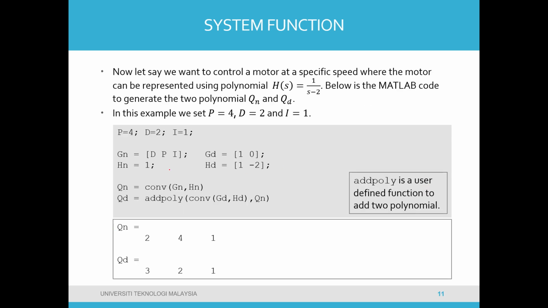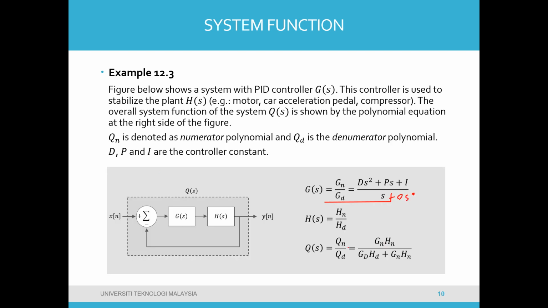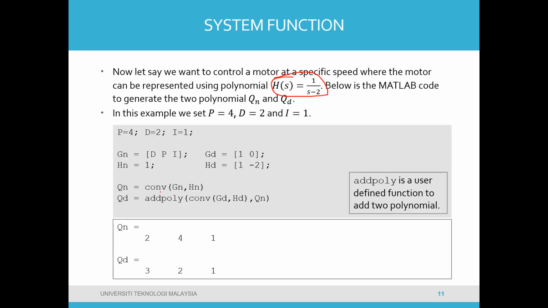And the transfer function for H, the plant. Remember, the plant is this one. Of course, you separate the numerator and denominator here. I think you already know how to write this, and then you use this formula: Qn is equal to Gn times Hn. So Qn is equal to conv(Gn, Hn).